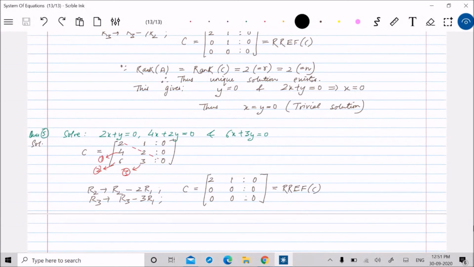I told you earlier that in echelon form, when you move down along the first column, the number of leading zeros should increase. So my question to Gaurav Kumar is: since the number of leading zeros is not increasing, how can we accept this as an echelon form? Gaurav Kumar, will you answer this question?